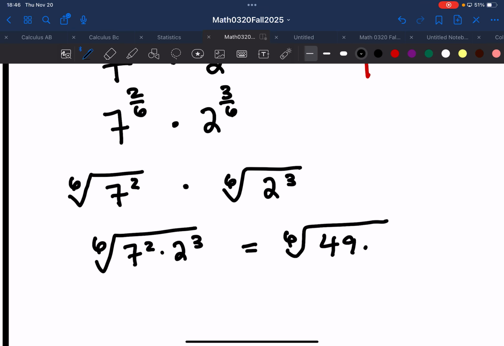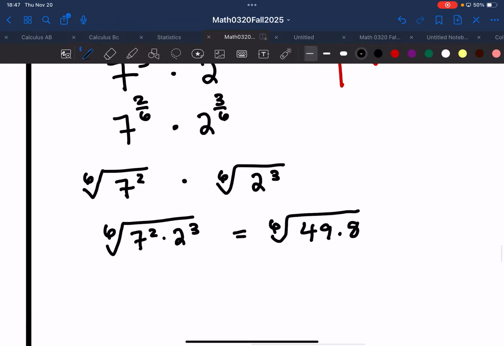What is 2 cubed? 8, right? 2 times 2 is 4. 4 times 2 is 8. You're going to have to do this for me. I don't know what this is. 49 times 8. 392. So then we have the 6th root of 392.